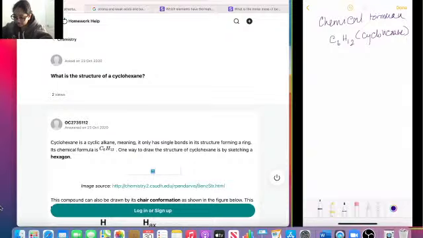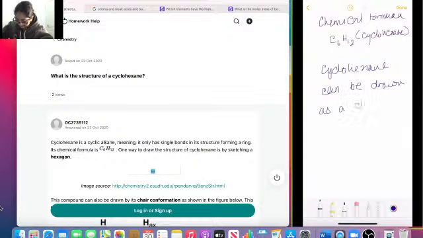What I mean by this is that cyclohexane can be drawn as a chair conformation, and this is basically your most stable form, stable structure or conformation.